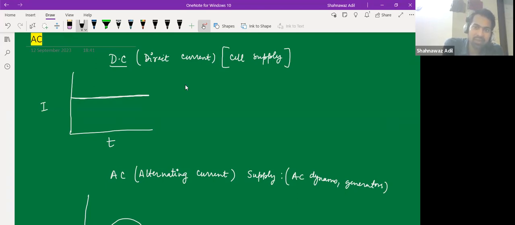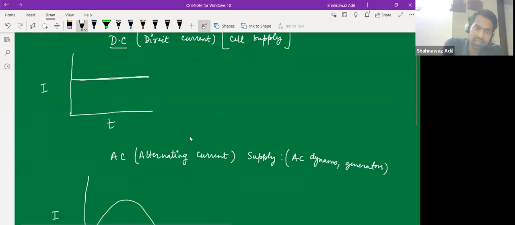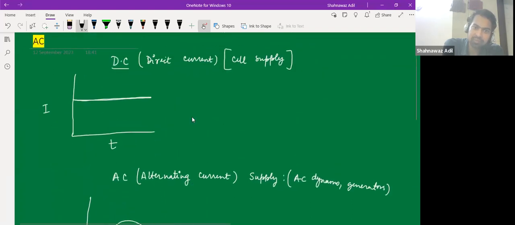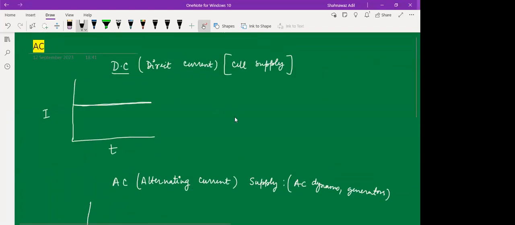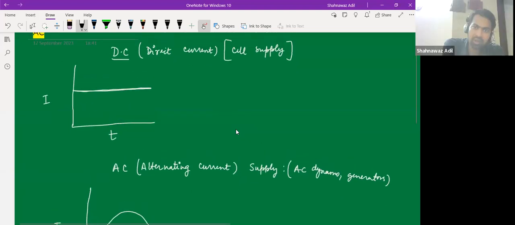That is why you have a transformer which transforms this AC current to DC current. We'll talk about that later. But did you understand this part, DC and AC current? Please note it down and then we'll talk about the AC generator.